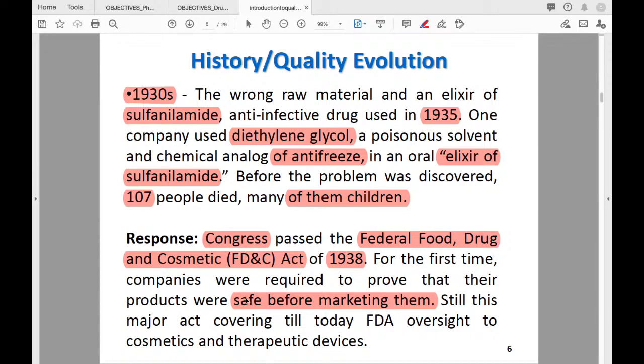But since this law came in the US, this major act has covered, till today, FDA oversight of cosmetics and therapeutic devices. Even cosmetics, your lipsticks and nail polish, the ingredients they were adding seemed to be poisonous at that time. People using these lipsticks might feel unconscious for some time because of deadly ingredients added to them.